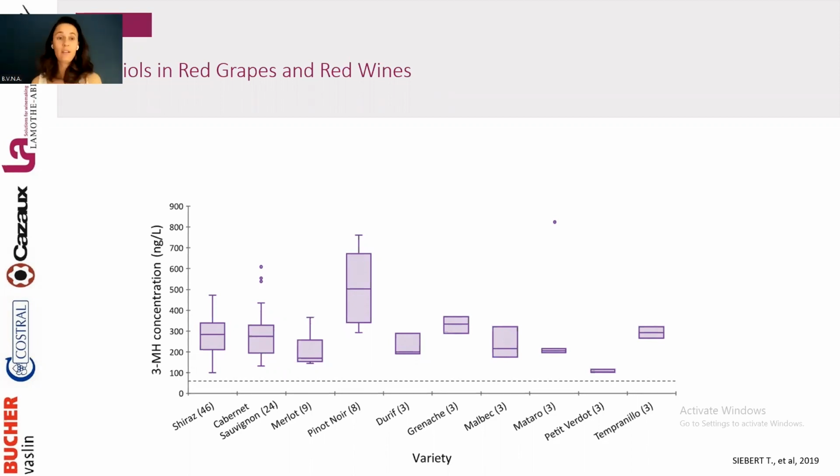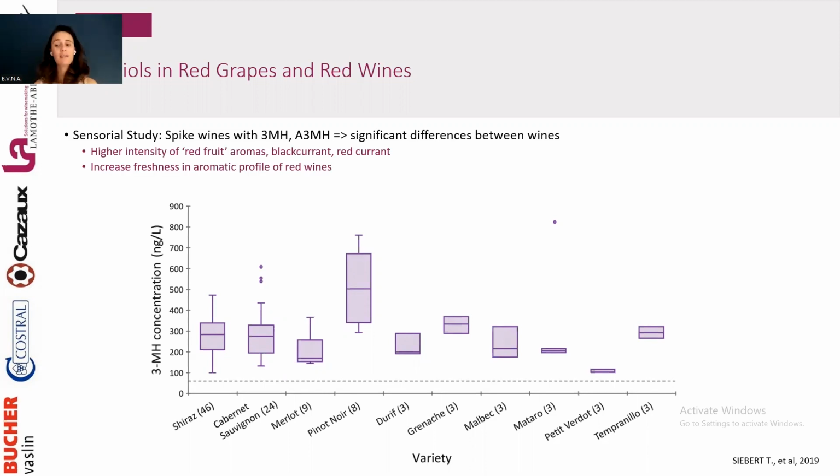So high concentration in red wines, and this study has been followed by a sensorial study where they spiked the wines with 3-MH and acetate 3-MH, and after triangular tests, people found significant differences between the wines. The wines that were spiked with thiols had a higher intensity of red fruit, black currant, red currant, and a way fresher aromatic profile.